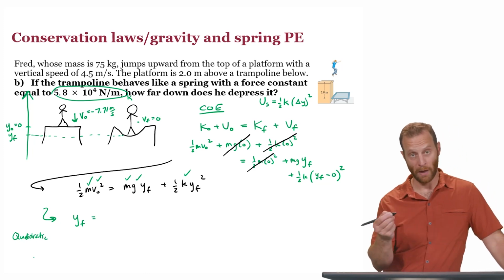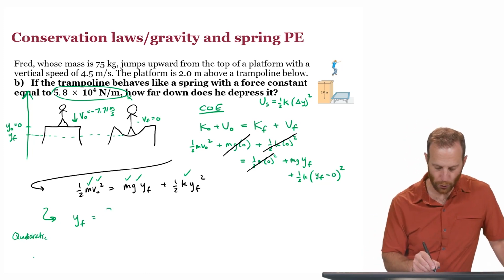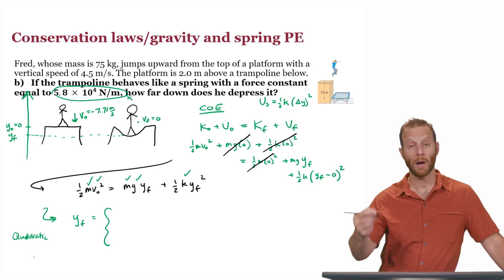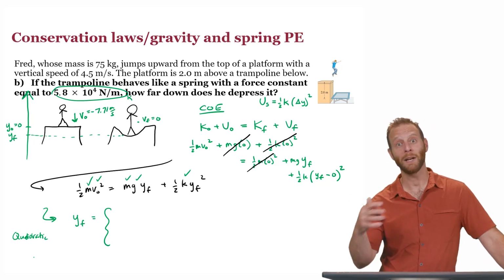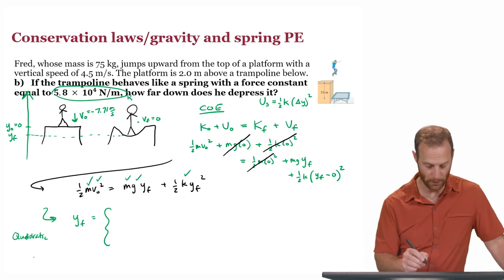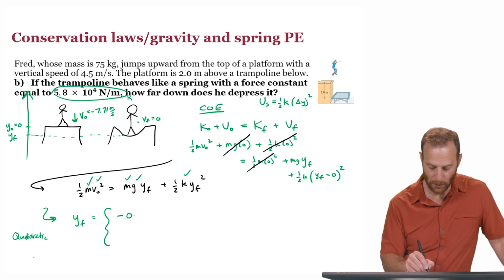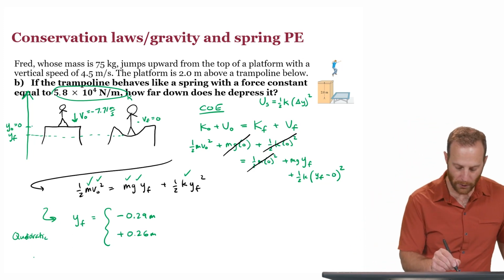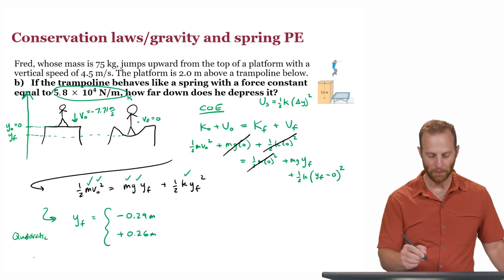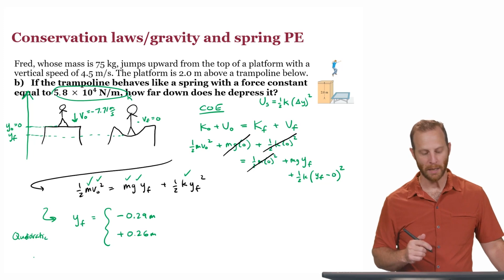And if you plug in the values given, what you'll get is two possible solutions. Remember, the quadratic formula tells you that there's a negative b plus or minus a square root term. There are two options, therefore. You'll either get this as negative 0.29 meters, or a positive 0.26 meters. Just thinking about what's going on here, Fred started at a height of 0 and depressed the trampoline.